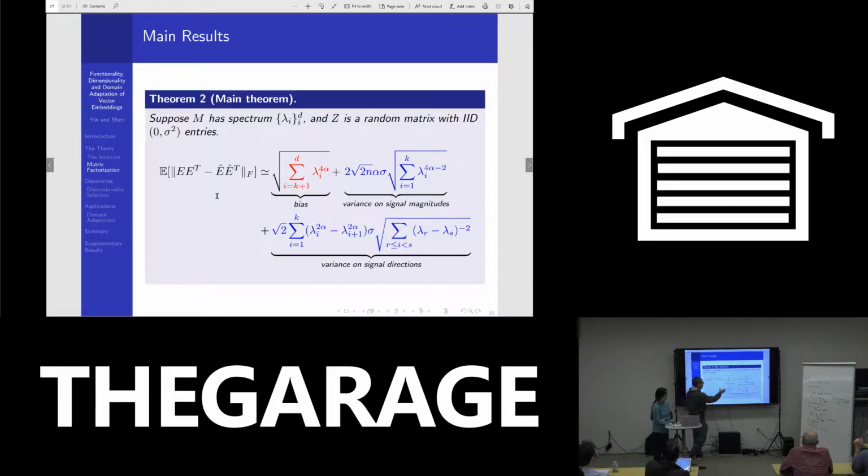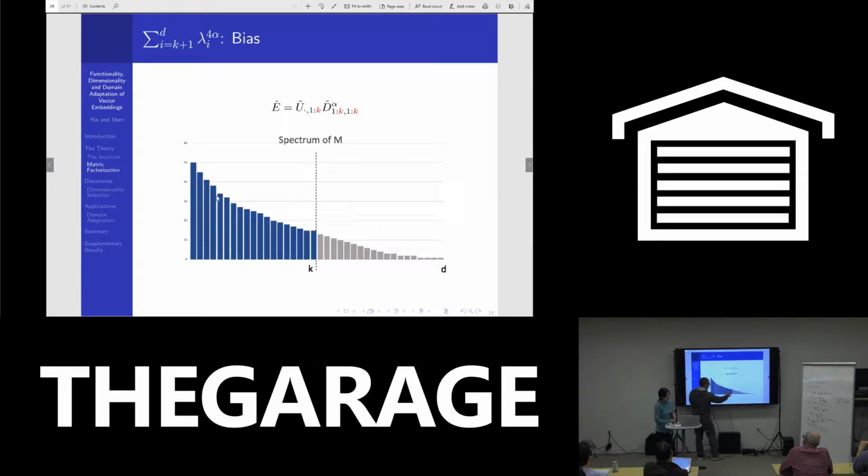The first term here, in red, explicitly characterizes the amount of signal we are losing, because we are summing over the spectrum of the matrix M from k plus 1 to d. This term gets smaller if k gets larger. If we have a larger k, then we have more signal, so we have a smaller bias.